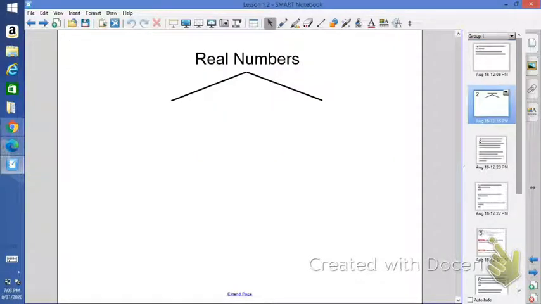Okay, so real numbers can be broken up between rational and irrational.